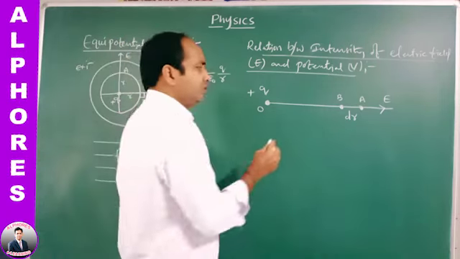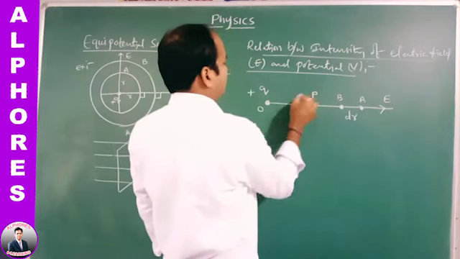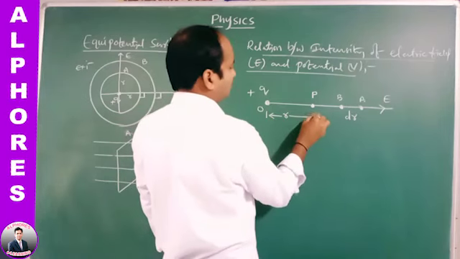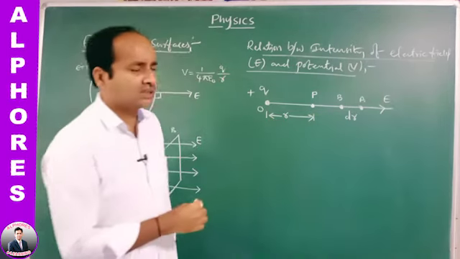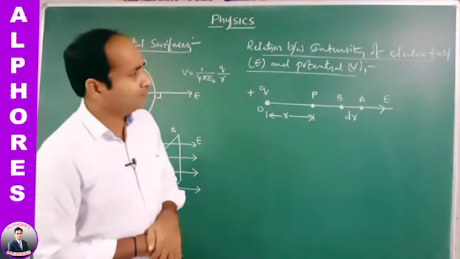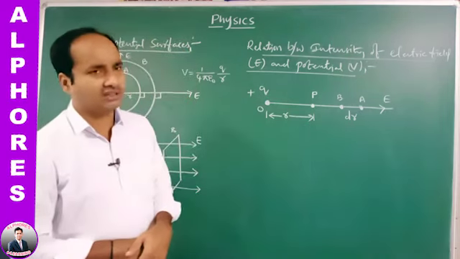Now let us consider another point P which is located at a distance r from the charge Q, and dr is a small displacement between A and B. The direction of electric field is radially outwards here.